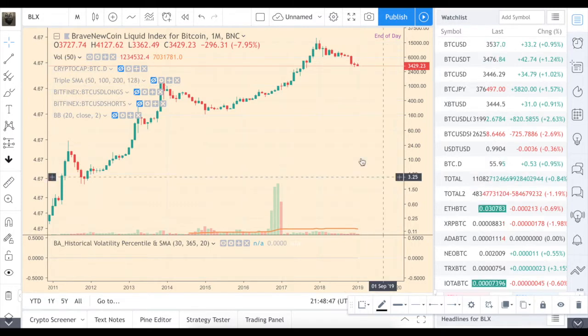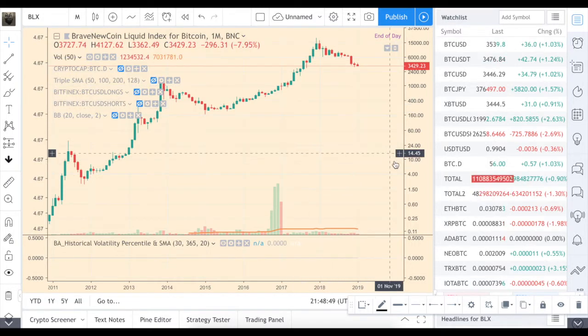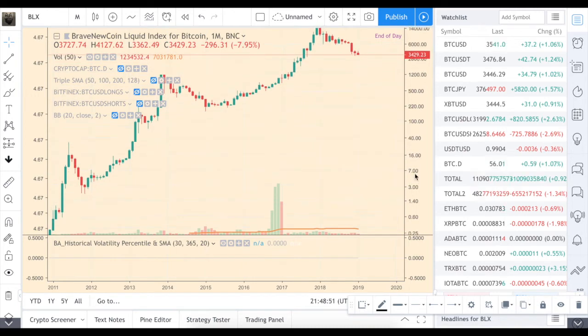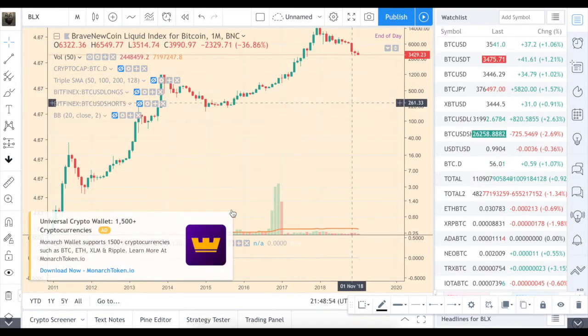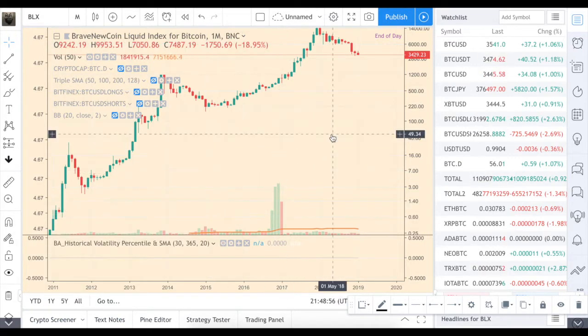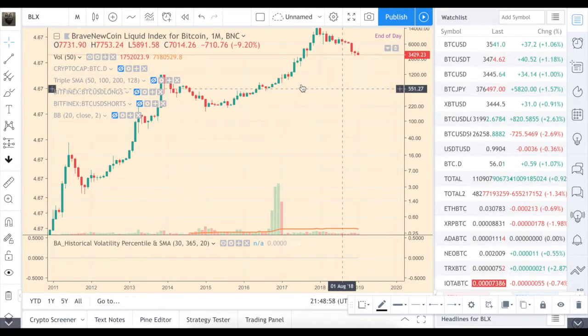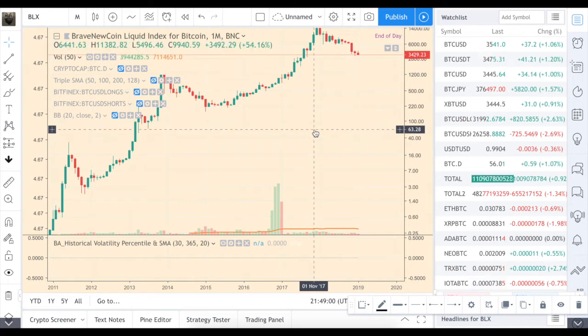So what I want to say from that is, of course, it doesn't mean that history will repeat itself, and we may see 10 or whatever number of months of a prolonged bear market.